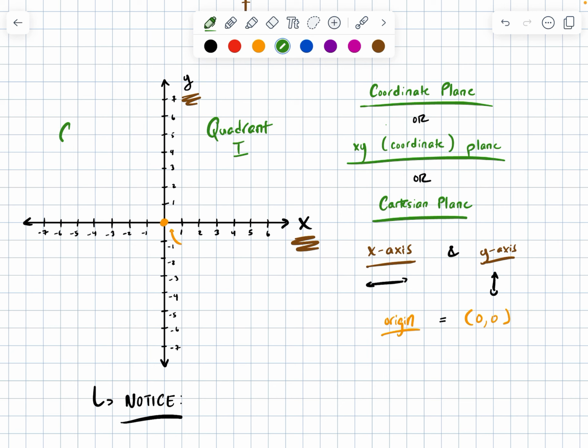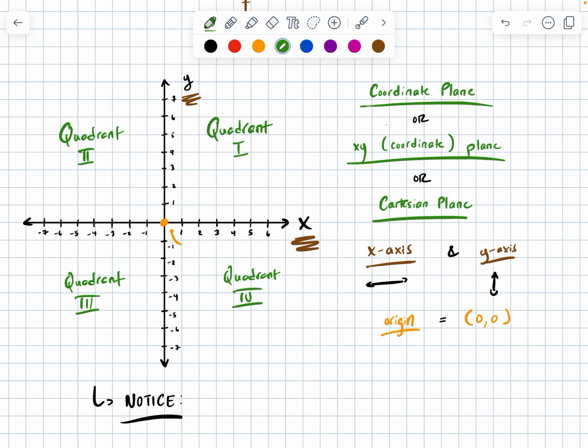We usually write our numbers in Roman numeral notation, and we rotate through them counterclockwise. So moving counterclockwise, this would be our second quadrant in the top left, followed by quadrant 3 in the bottom left, and finally quadrant 4 in the bottom right.